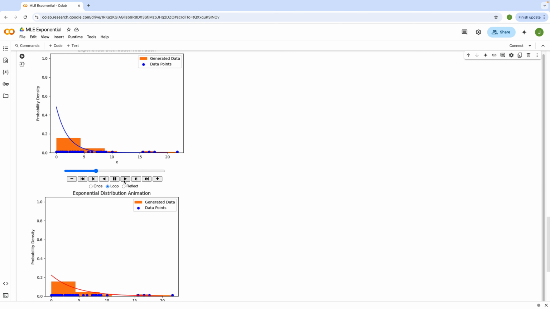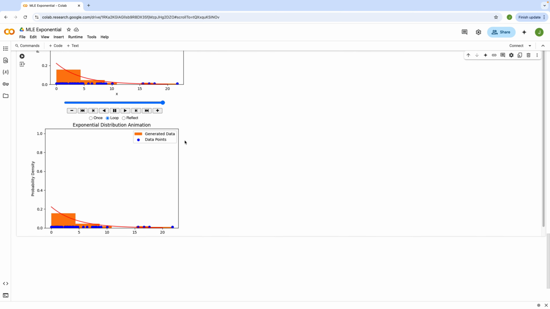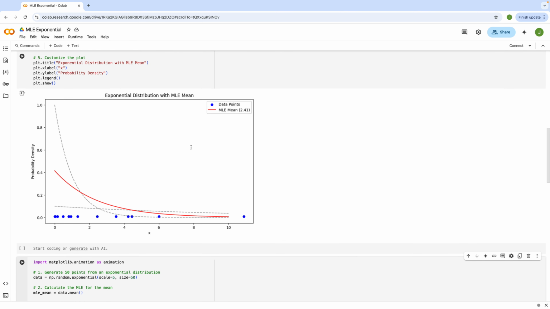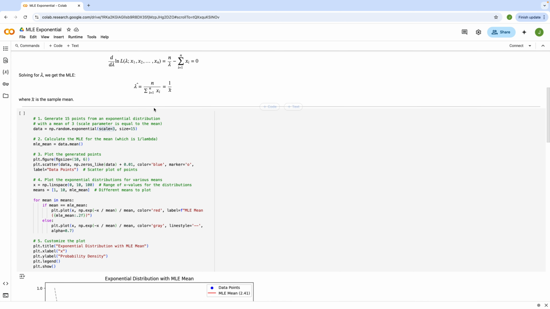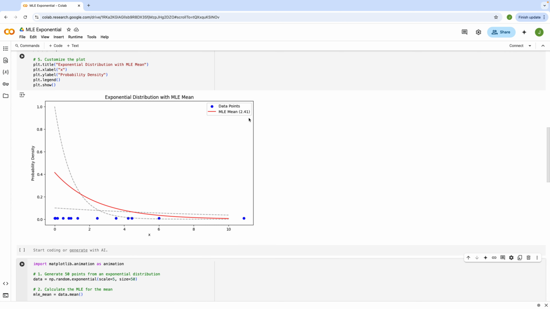You can see that the very last distribution, which turns red, best fits the data. It's most likely to generate all of the data. It's the one shown right here, and that is the maximum likelihood estimate, which is calculated according to this formula. It has a value of 2.14.